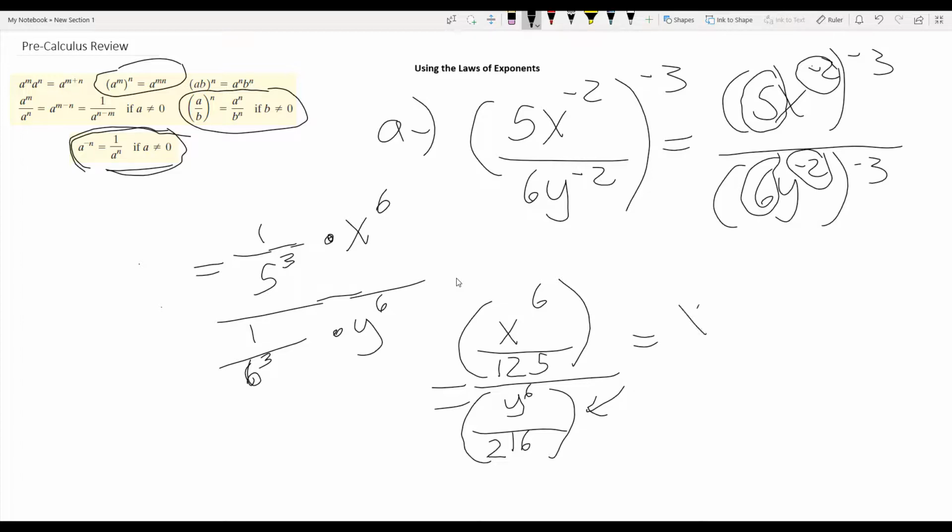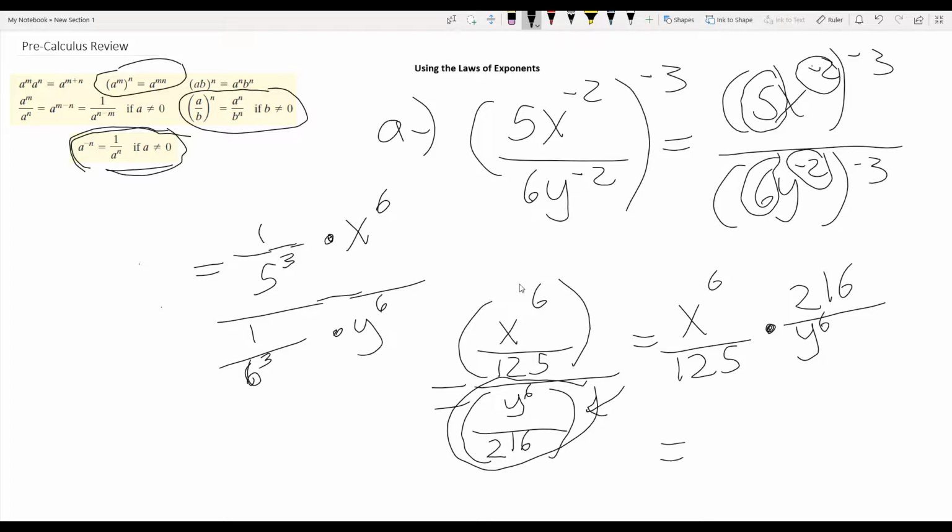So all of this is equal to x to the 6 over 125 times 216. That is the reciprocal of this one here. Okay, so don't get complicated. Over y to the 6th power.